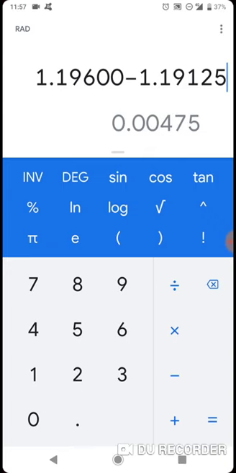Okay, so the resulting figure is 0.00475, and we know that for currency pairs that use 4 decimal places, you start counting from the 4th decimal place, which means that the number of pips in the stop loss, that's the difference between the entry price of this trade and the stop loss level, is 47 pips.